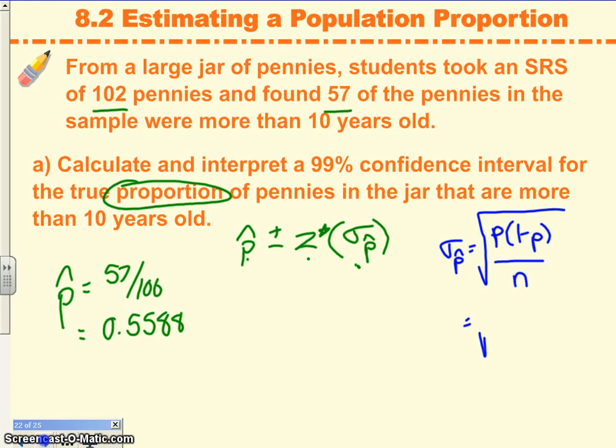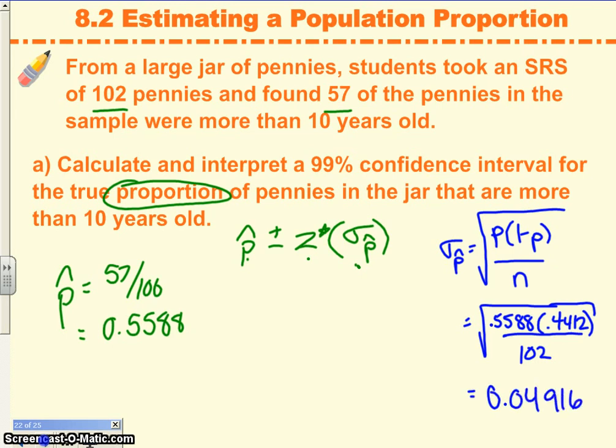So this is going to be the square root of my sample proportion, 0.5588, times 1 minus p, 0.4412, divided by my sample size of 102 pennies. That comes out to 0.04916. So that's the standard deviation of my sample proportion.